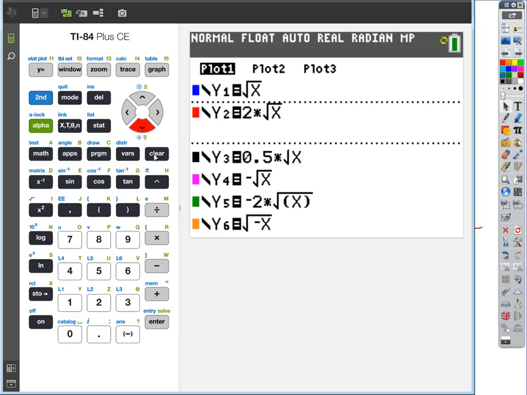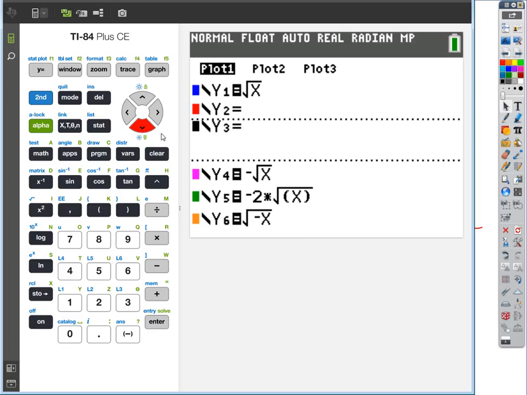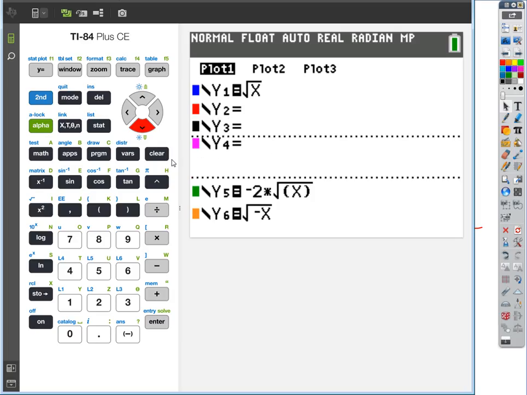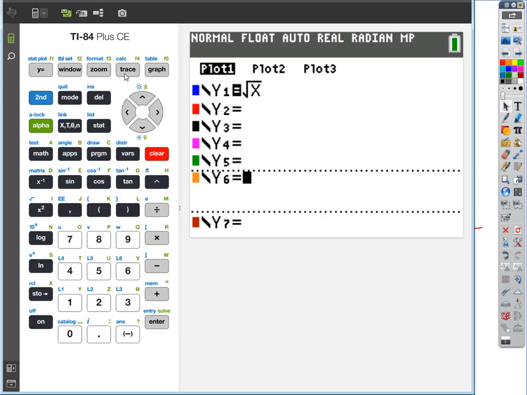Okay, how am I going to do that? That's tricky. The square root of 2x. Yeah. So all I'm going to do now is make the x's twice as big as they normally are, so I'm going to multiply the x by 2, and that's going to stretch it horizontally, right?